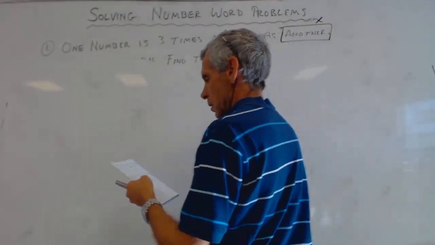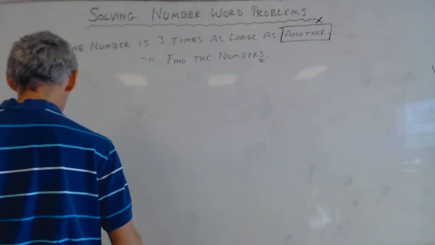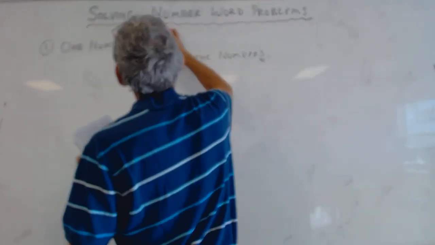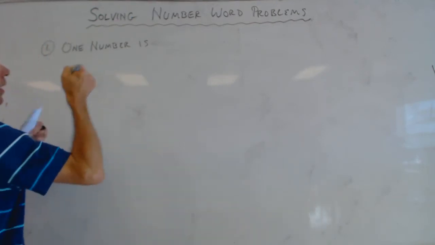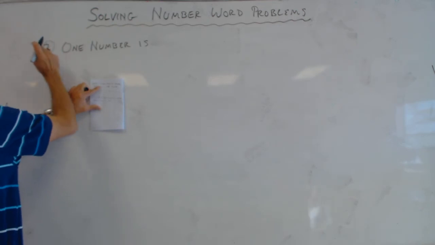Let's see. Okay, I guess I do have to erase that. One number, I'll just erase that. This is number 2, right? Thank you so much for saying that. Number 2.